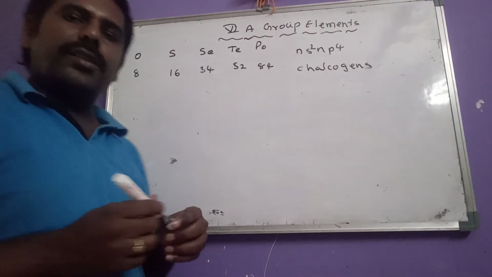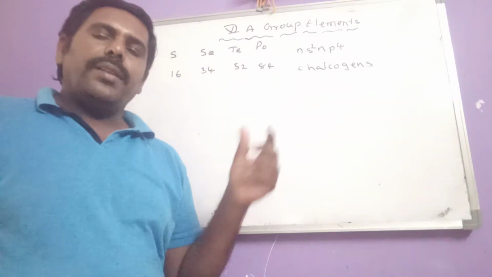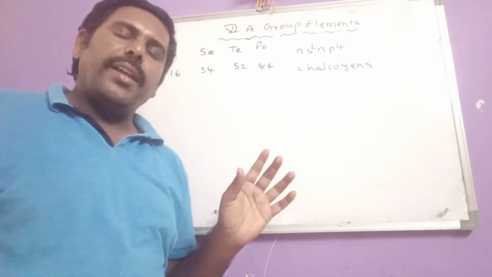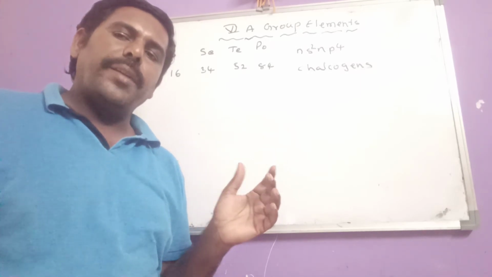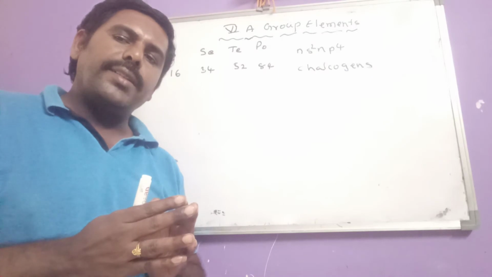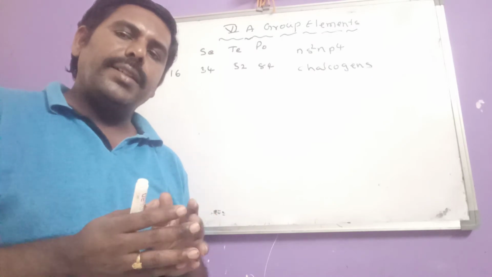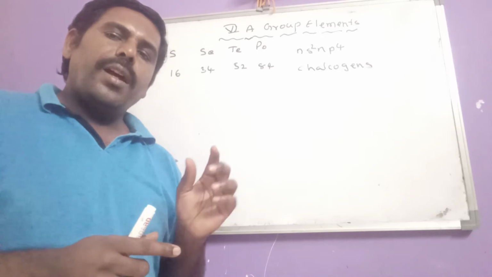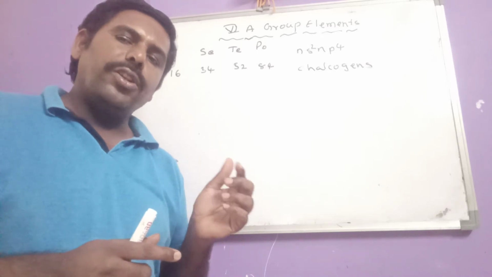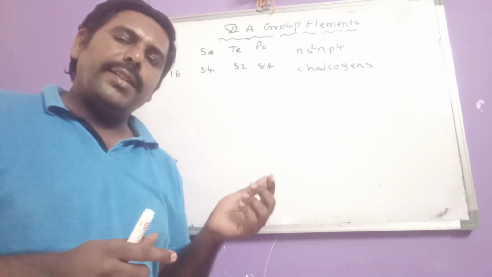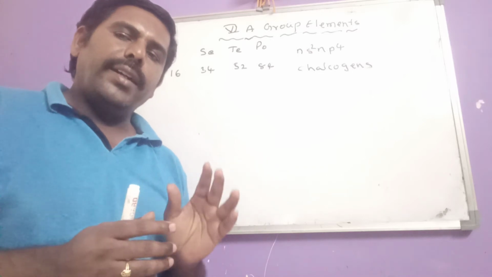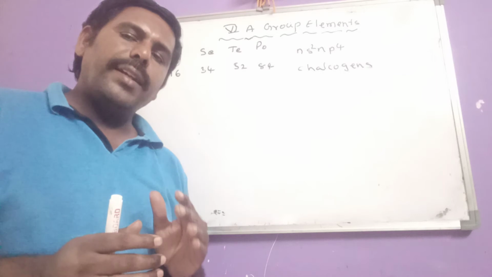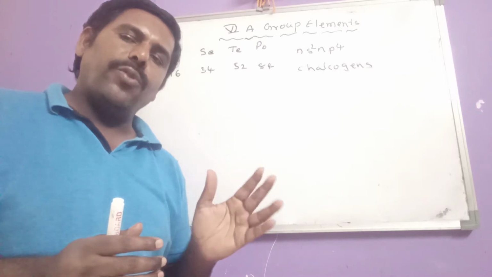Why they are called chalcogens means these are mineral forming elements. Most of the minerals are available as oxides or sulfides. Example: MnO2 pyrolusite, hematite Fe2O3, magnetite Fe3O4.